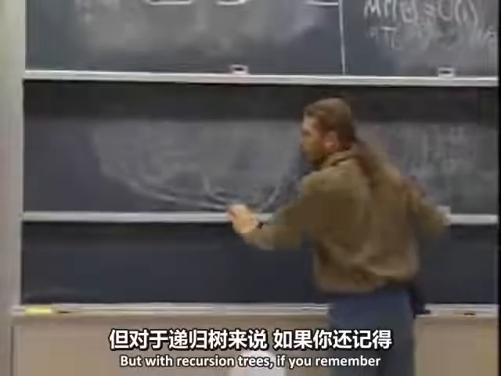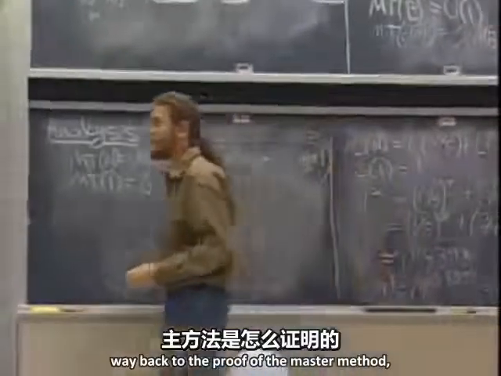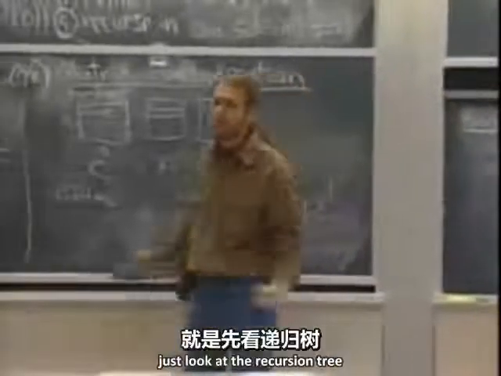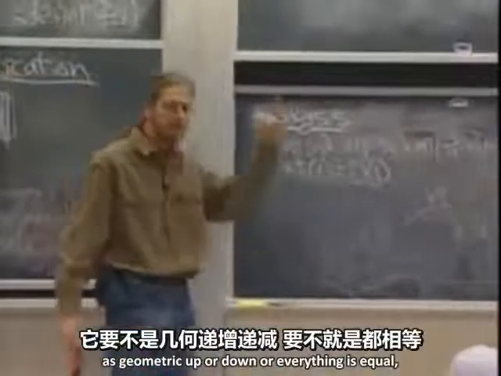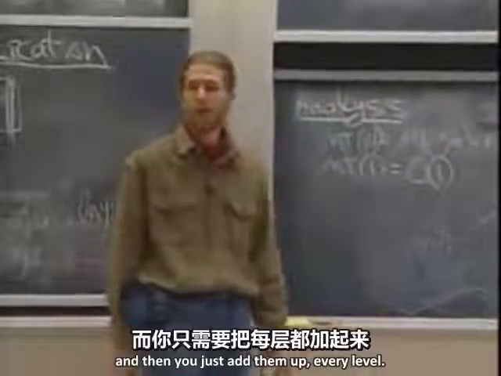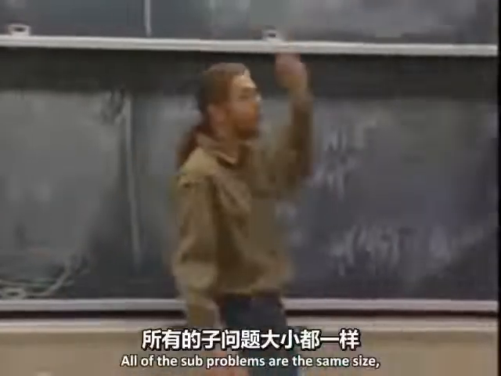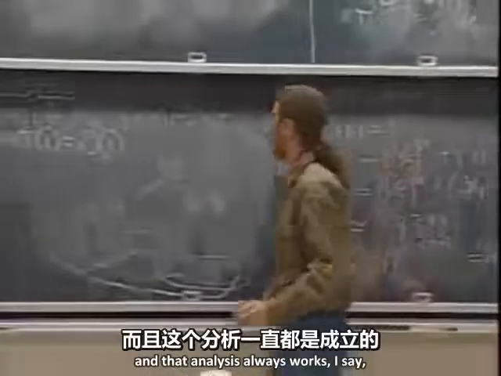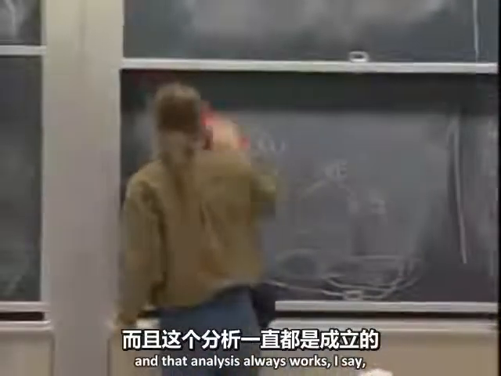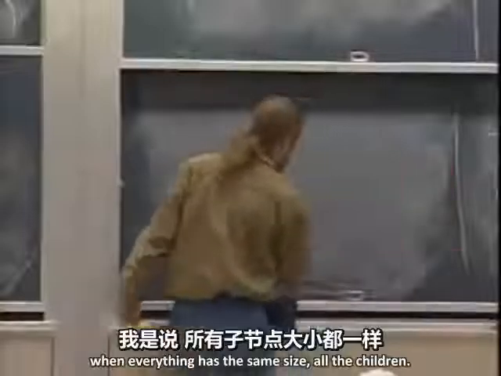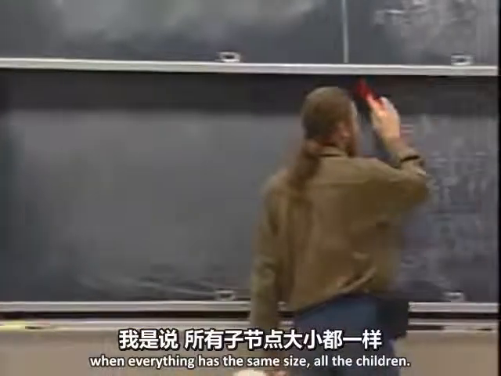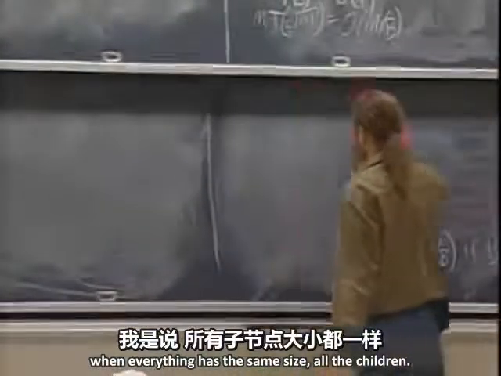With recursion trees, if you remember way back to the proof of the master method, you just look at the recursion tree as geometric up or down, or everything is equal, and then you just add them up, every level. The point is that this is a nice recurrence. All of the subproblems are the same size. And that analysis always works when everything has the same size, all the children.